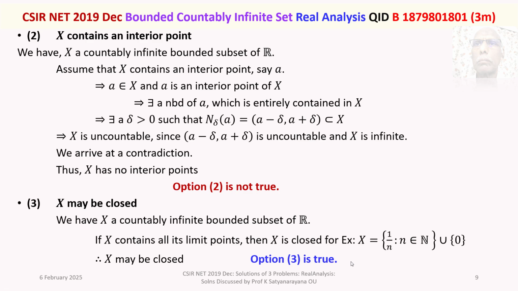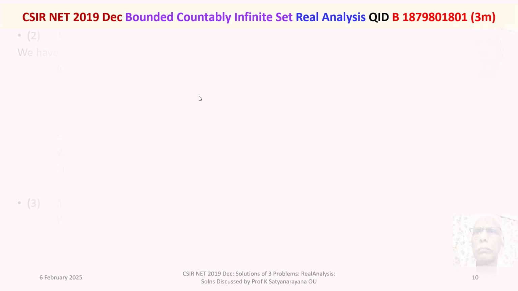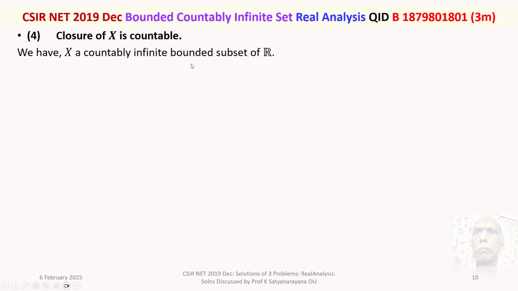We move on to the next option. Option 4: closure of X is a countable set. We have X a countably infinite bounded subset of R. Consider its closure. Closure of X is countable. It is given.